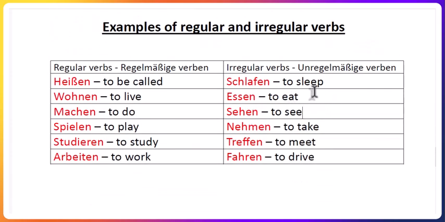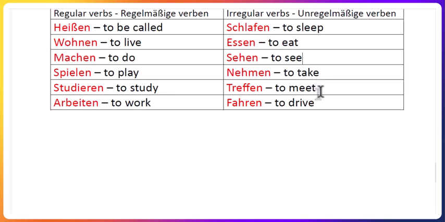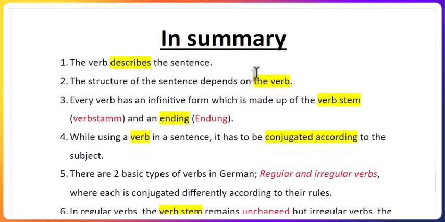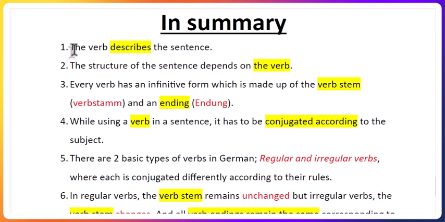So that you know, okay. In summary, the verb describes the sentence, which is the subject doing the action. The structure of the sentence depends on the verb. Without a verb, the structure of the sentence is bogus, unless you are just talking about something irregular.